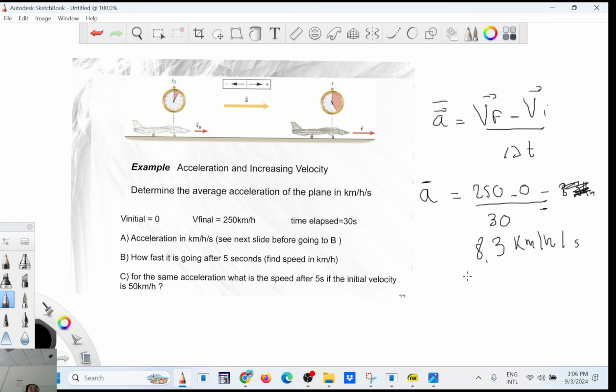After 2 seconds, it's going to be exactly 16. After 3 seconds, it's going to be 24, and so forth, and so on, right? That's the meaning. So it means the change of speed every second is about 8 kilometers per hour.